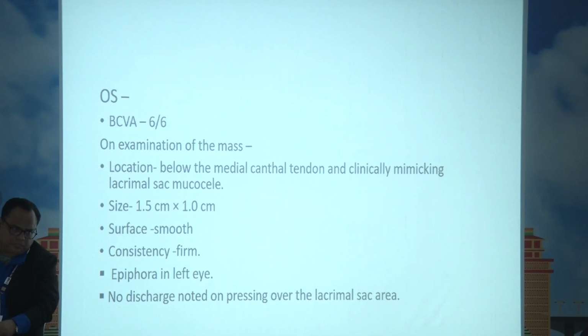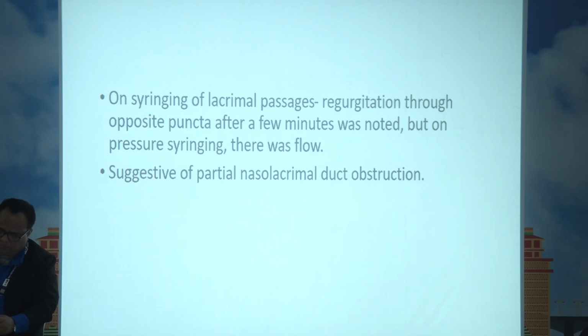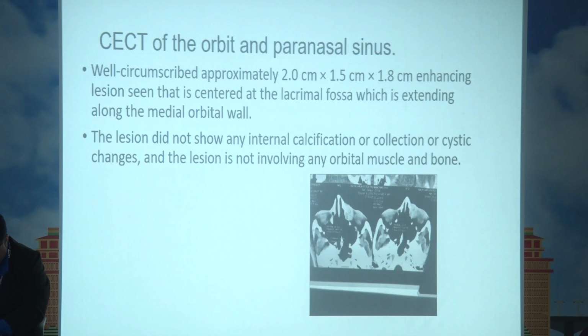Surface was smooth, consistency firm, and there was no discharge on pressing over the lacrimal sac, so Regurgitation test was negative. But on pressure syringing, there was flow, suggestive of partial NLD obstruction.